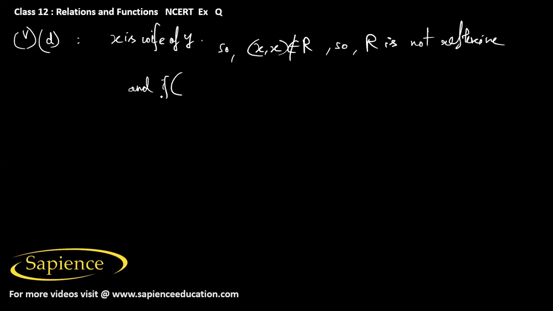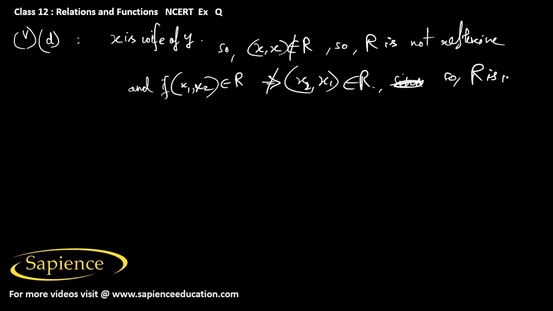And if x1 comma x2 belongs to the relation R, then it does not imply that x2 comma x1 also belongs to the relation R. So R is not symmetric.